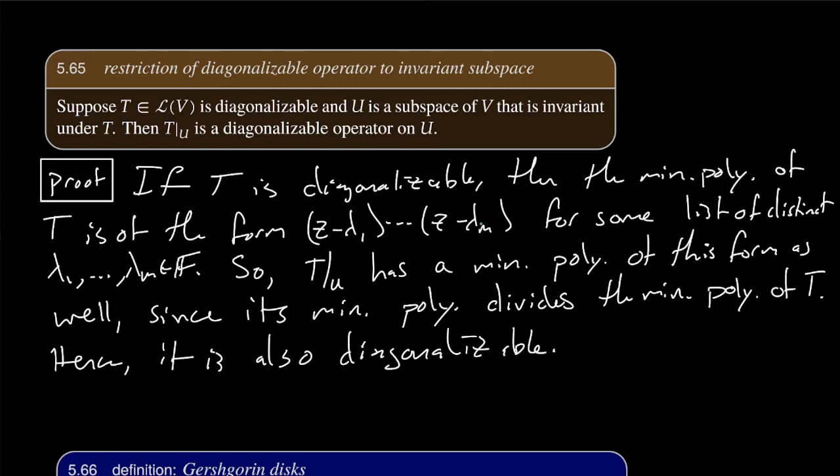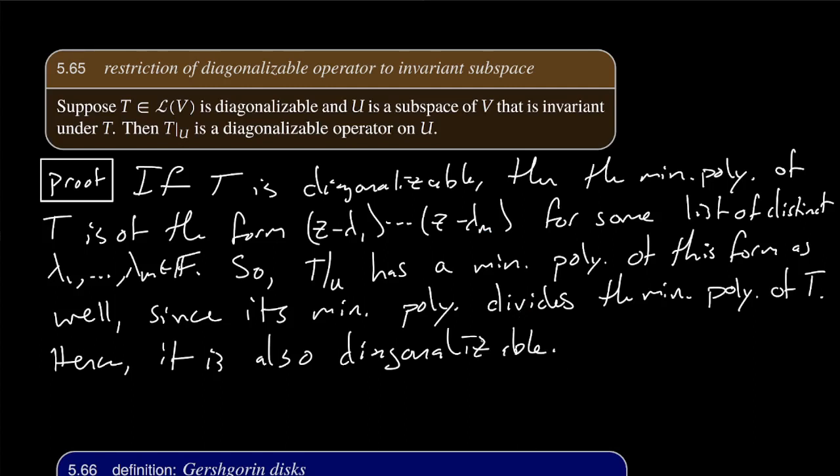All right, that means that this is a polynomial multiple of the minimal polynomial of T restricted to that invariant subspace. Hence, its minimal polynomial must also be of this form, just with a few of these factors potentially missing. That means that T restricted to the invariant subspace U is also diagonalizable because its minimal polynomial is of the right form. Super cool.